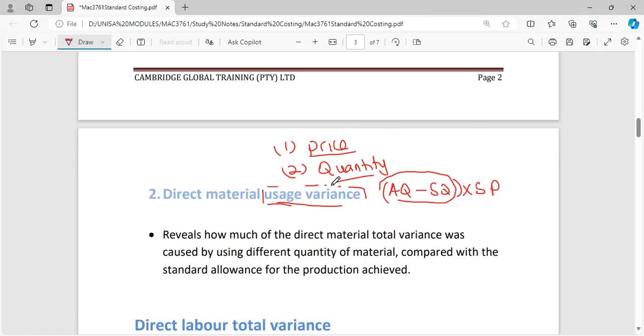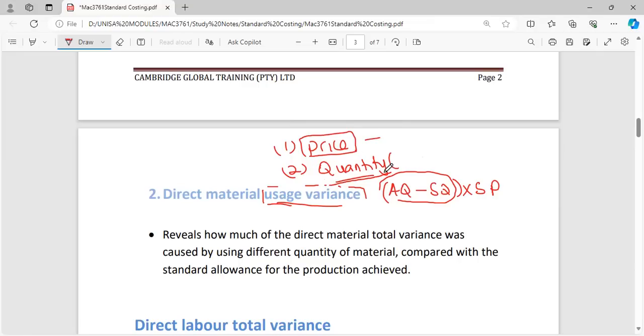Then if you are dealing with a quantity variance, then you need to look at the quantity that was budgeted and the quantity that was actually used. So that's all we'll be doing in standard costing. We'll be doing these two throughout.